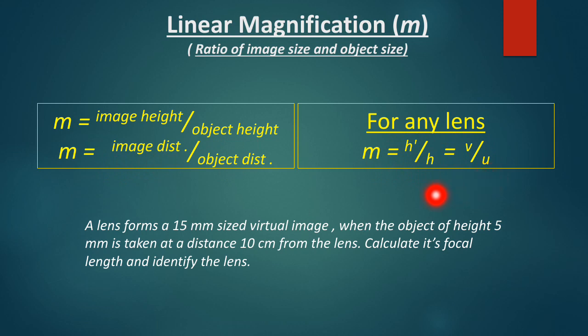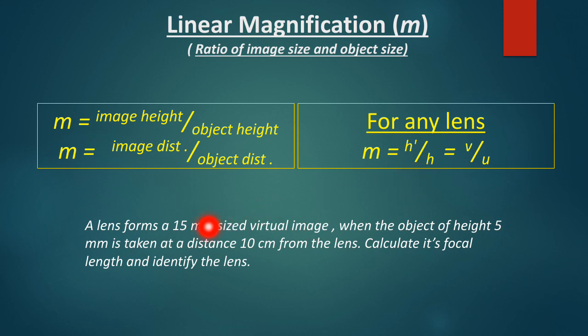Now you see one question is given here, the same type of question, but here I have given a 15 mm sized virtual image. So h dash means image size. The object has a height of 5 mm, so h also we have.